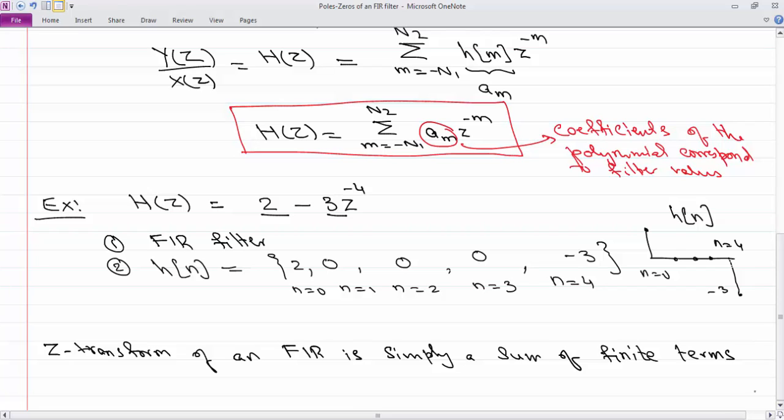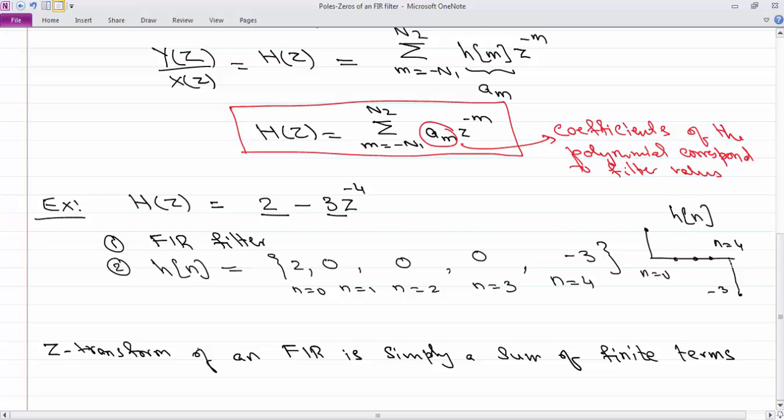So what's the definition of the pole of a Z transform? That H of z equals infinity, right? So there is no way that we can add up a finite number of finite values to get infinity.